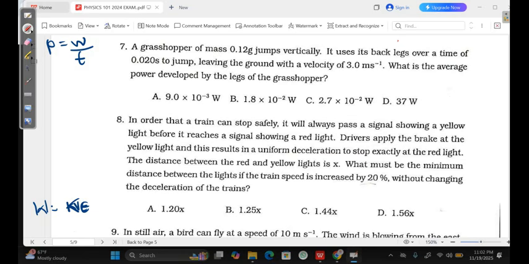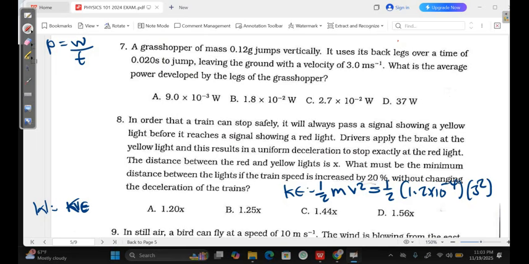Kinetic energy is equal to half mv squared. The mass is 0.112 grams, so I need to change it to kilograms, which becomes 1.12 times 10 to the power negative 4. The velocity is 3, and I square it.